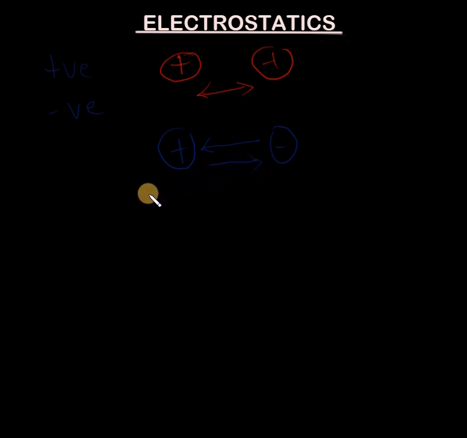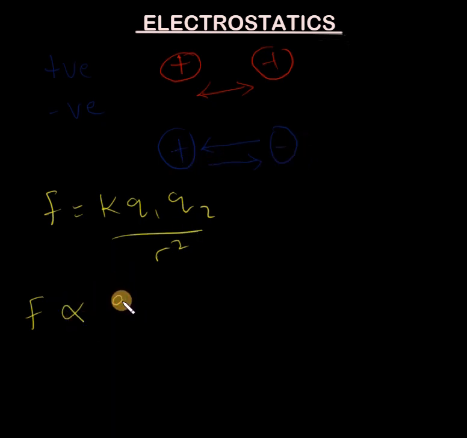Now then, moving away from this, Coulomb's law states that force equals Q1 Q2 over R squared. So what does this expression mean? Coulomb is trying to say that the force of attraction or repulsion between the positive charges or the positive and negative charges is directly proportional to the product of charge 1 and charge 2.